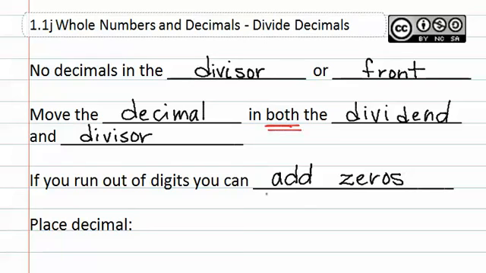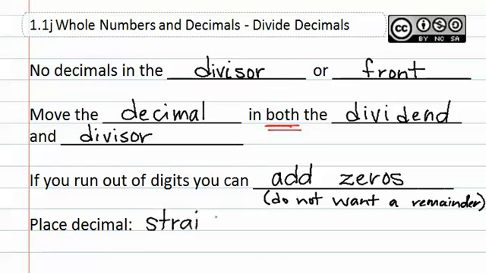The reason you add zeros is because we do not want a remainder. When we go to place the decimal in the answer, you will move the decimal straight up.